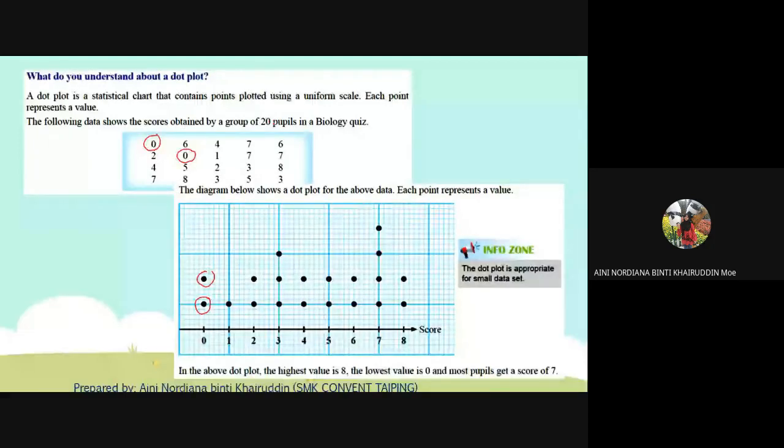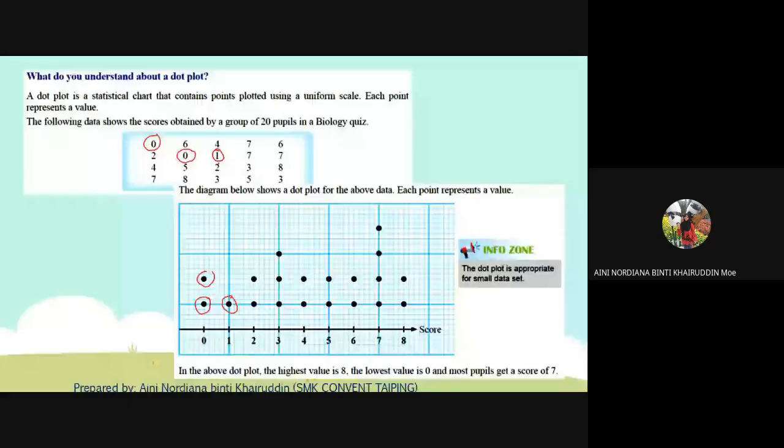Nampak tak? Ada 2 dah. Lepas tu 2, ada 2, so 2 dot. Macam ni ya, cara nak buat dot plot. Senang je.